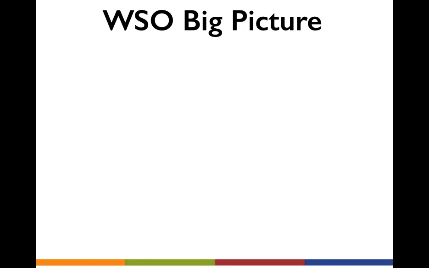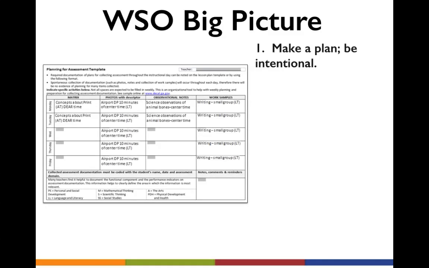Teachers and administrators new to the Work Sampling System often wonder about all the parts of the process or just exactly what they need to do. The first part of Work Sampling is to make a plan for assessing children. It's imperative that teachers are intentional about collecting evidence.